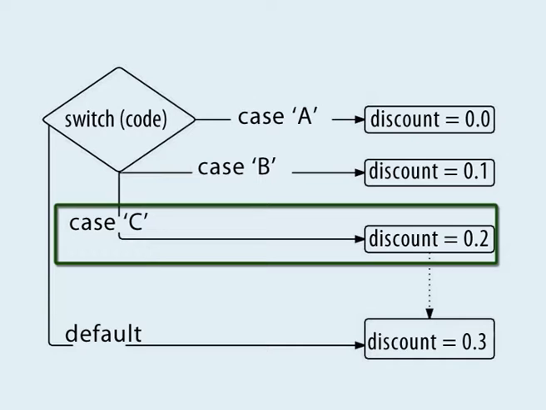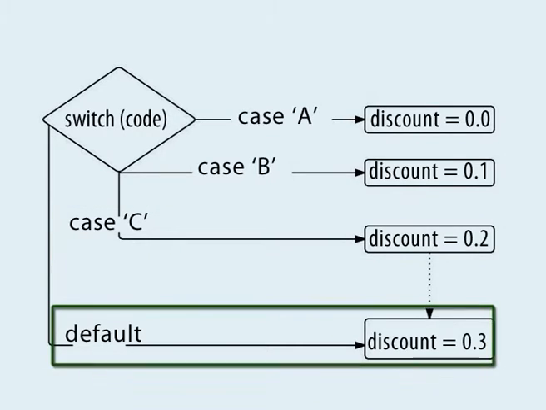If case C is true, then print the discount of C, otherwise print the default value, and at last stop all the processes.